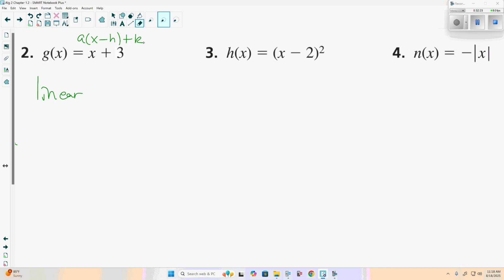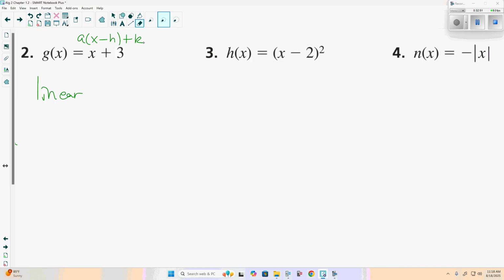Now, for the most part with linear, we're really not going to talk about a left-right movement. There's not going to be a whole lot of reason to leave it x minus h. We're just going to have it essentially like we have here. x plus 3. That plus 3 is changing because the normal linear function is y equals x. We've added 3 to it. Yes? That plus 3, is it inside parentheses or outside? Outside.